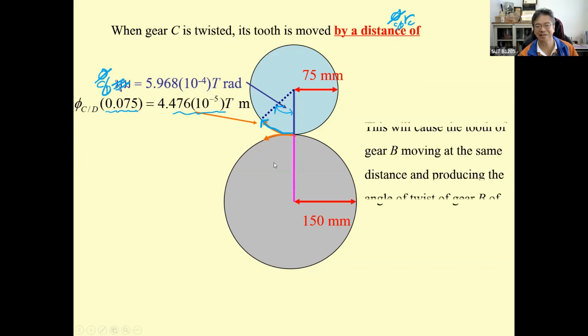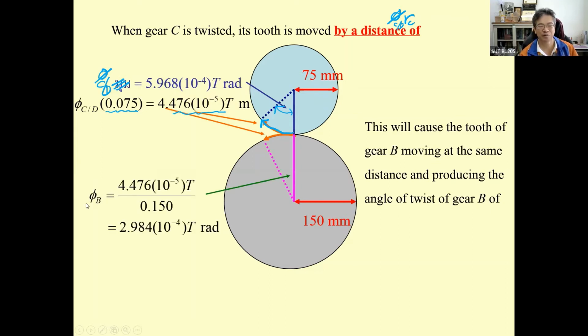And then it's going to produce an angle of twist from the distance, which is phi sub CD R sub C. So what we are looking for is the angle of twist at D. At D, the equation over here will be angle of twist equal to distance divided by another radius.